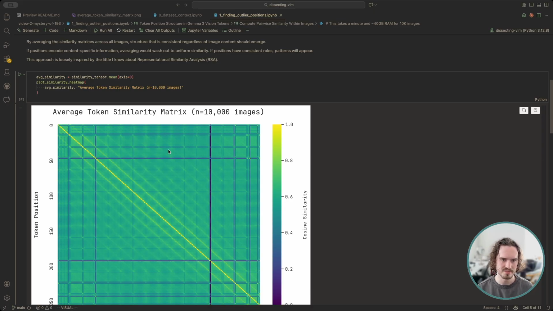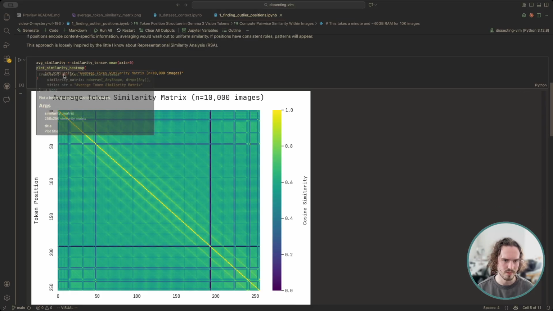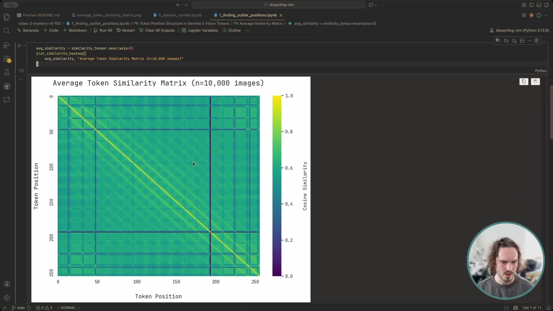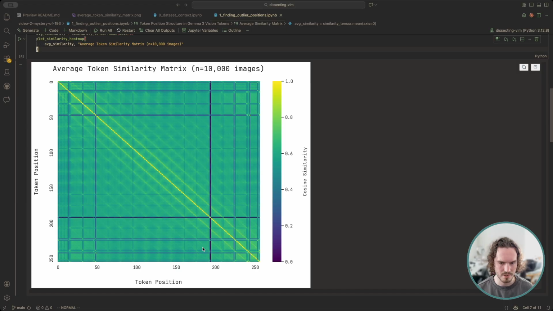That is what this plot is looking at. And as we talked about, 193 stands out as being the most dissimilar to everything else.